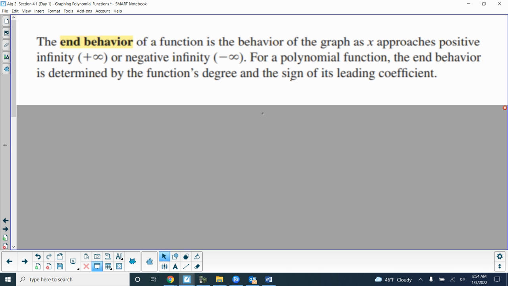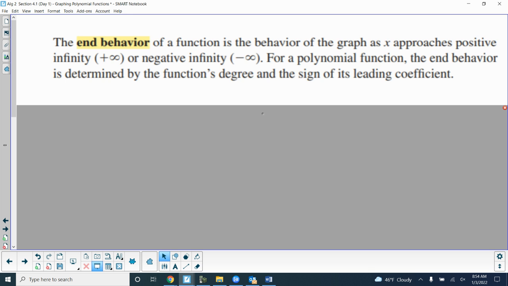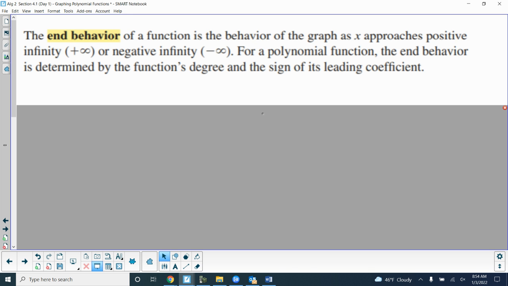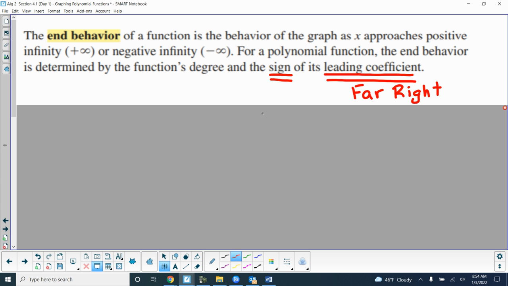The sign of the leading coefficient, far right. That tells you what's happening at the positive infinity end. That's the far right.